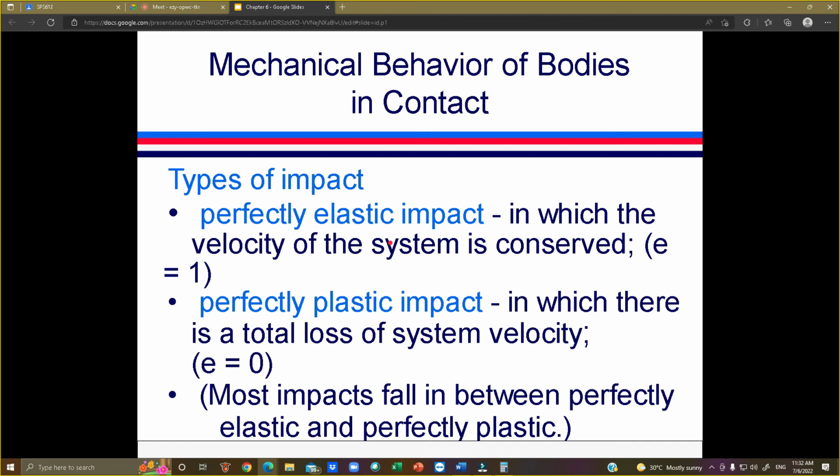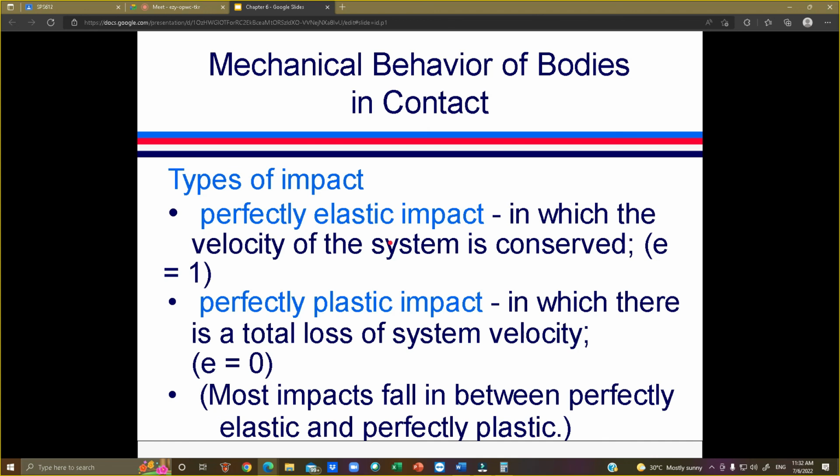Tapi kalau bola dengan bola, although kita sepak kuat mana pun, if it's still within the threshold, it will retain the same shape, it will retain the same amount of force. Tapi kalau kita sepak terlalu kuat, when it collides, it becomes shattered. Bola tadi berubah bentuk. It is not round anymore. It will be flat.